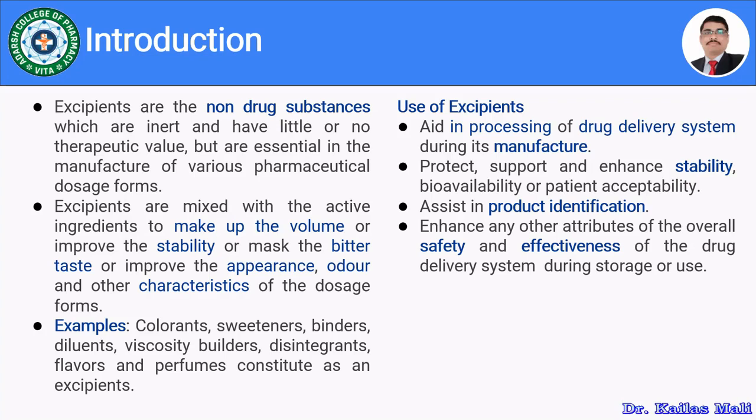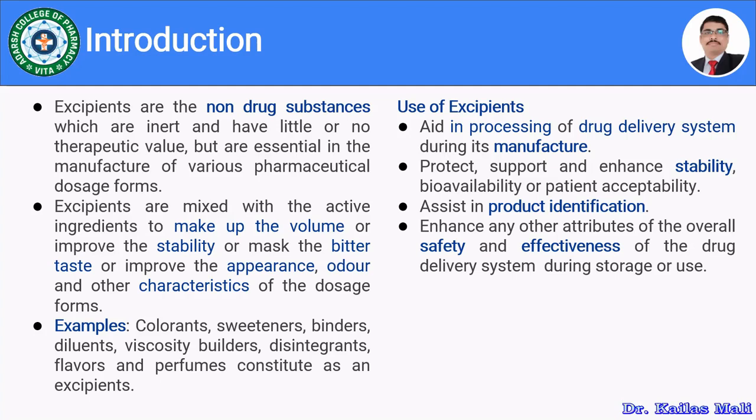Excipients are used to aid in the processing of the drug delivery system during its manufacturing. Suppose we want to manufacture tablets, capsules, or solid dosage forms, and we want to promote the flow of the material. Maybe there are certain herbal materials available which improve the flow properties of the powder material.